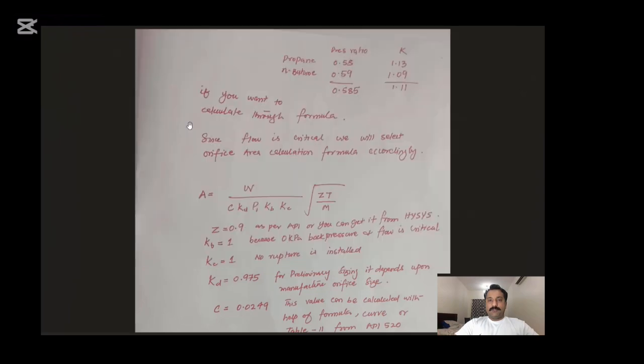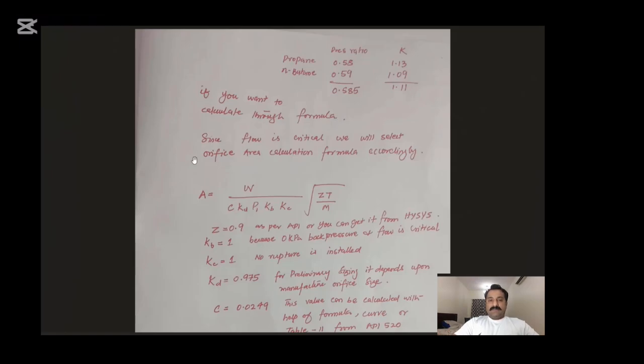We'll sum up these two values and take the average. That will become 0.585, which we already used in the formula for calculation, and this is the K value, 1.11. The K value will be useful if we are going to calculate through the formula.